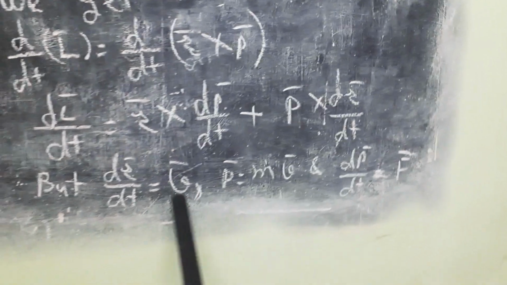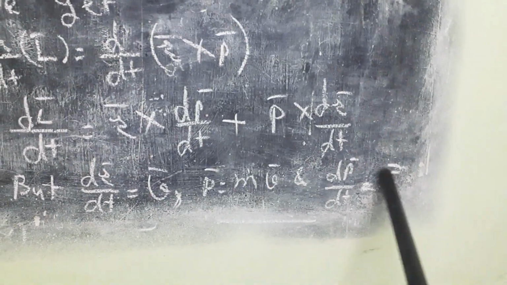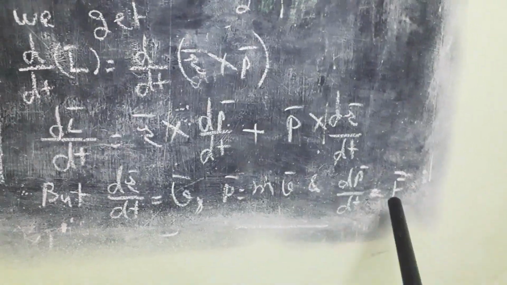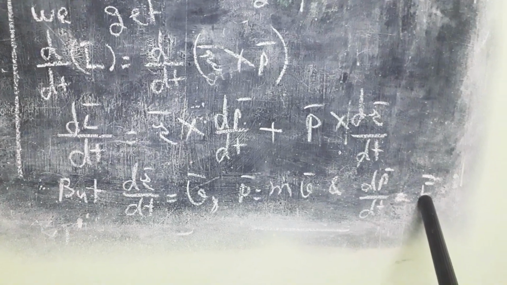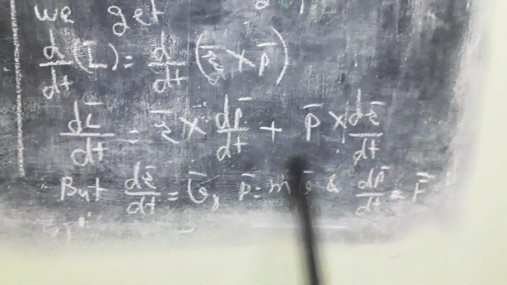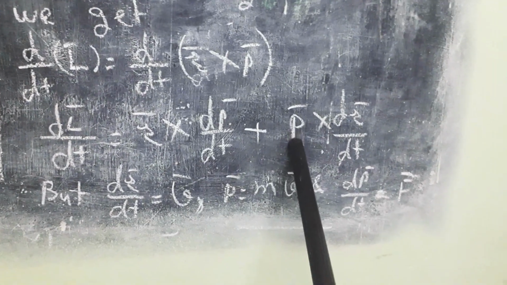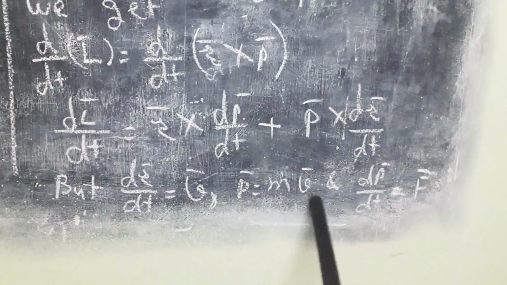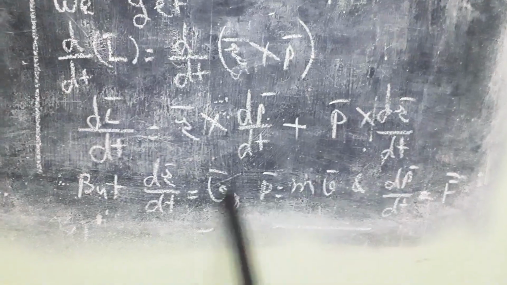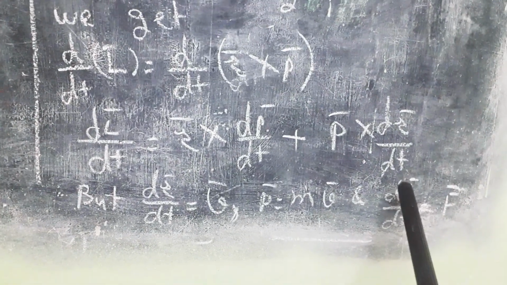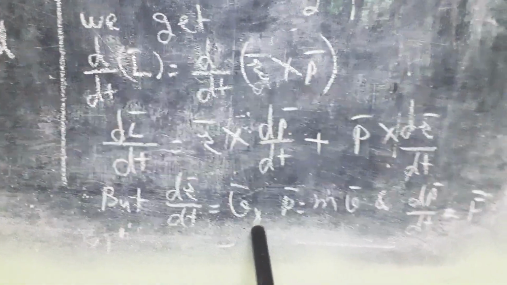So we should know these terms. In place of dp by dt, we write F bar. In place of dr by dt, we write v. And in place of p bar, we write m into v. This concept you should know, and then it is possible to go further.